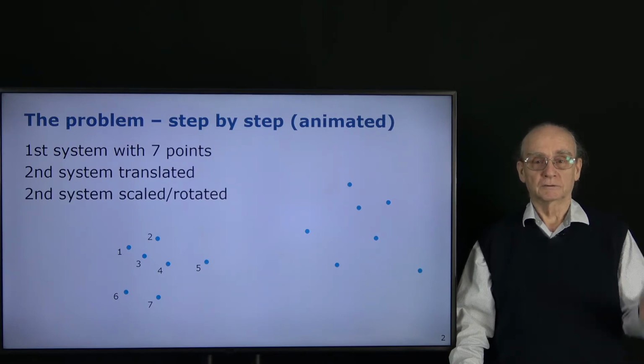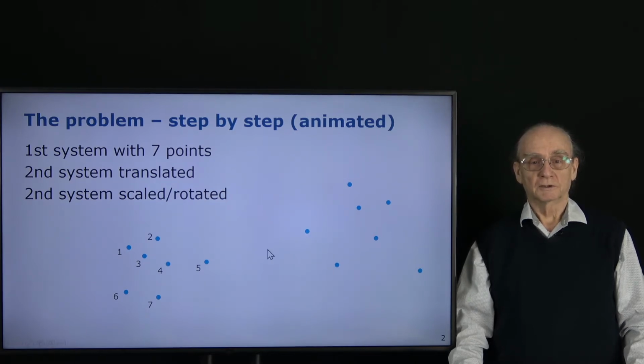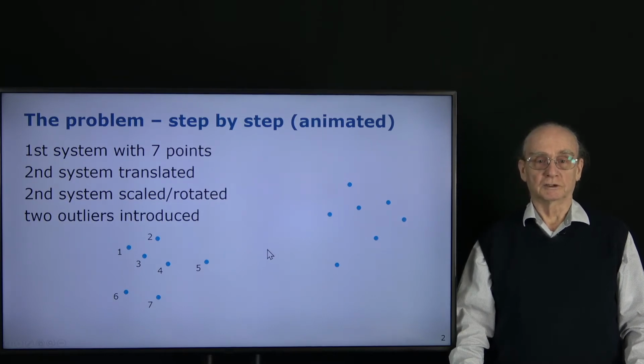So it's turned to the right and upscaled. And now we introduce 2 outliers. So let's do it once more. You see that 2 points, this one and this one, are shifted by quite some amount. So we now get this configuration.